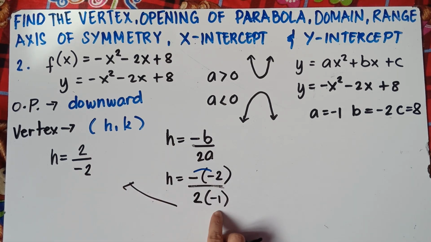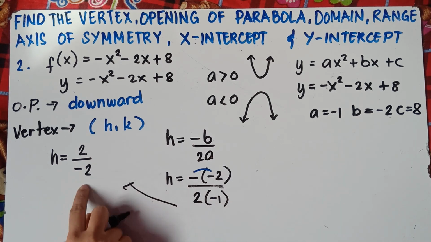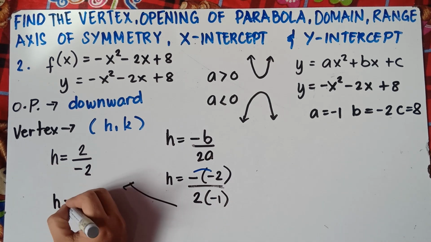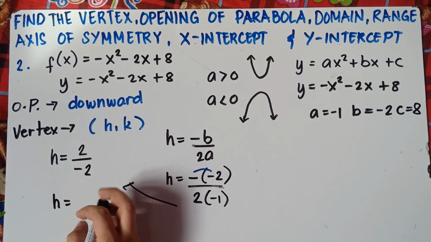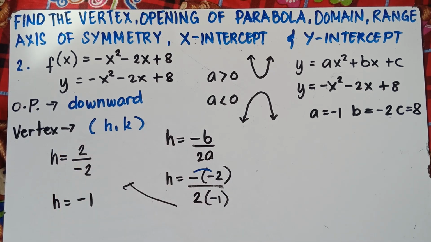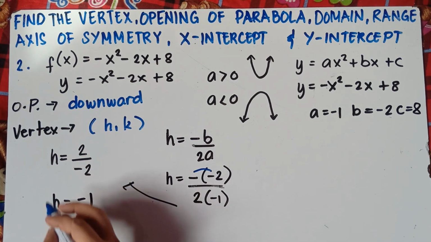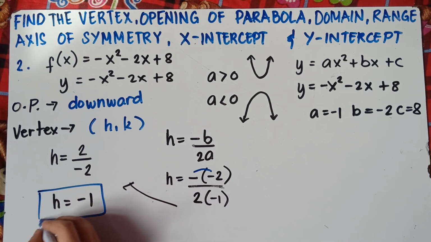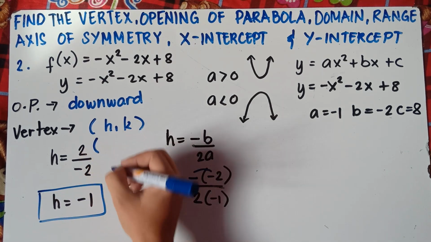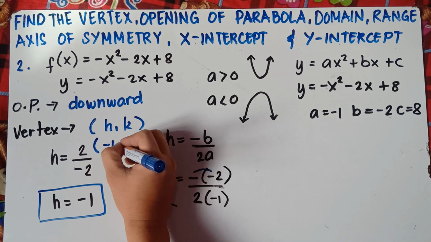Positive times negative, if you're multiplying unlike signs, the answer is negative. Then divide. 2 divided by negative 2, that's negative 1. Once again, dividing unlike signs, the answer is always negative. And 2 divided by 2 is 1. So we have negative 1. Alright, so therefore, our h is negative 1.